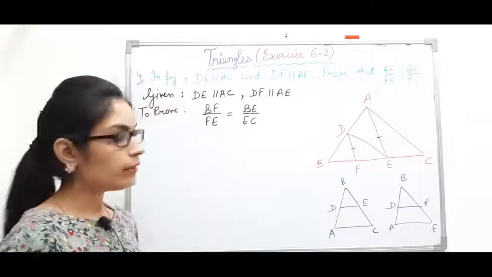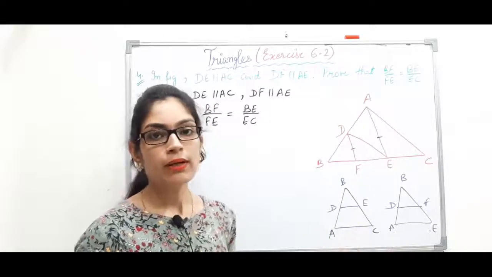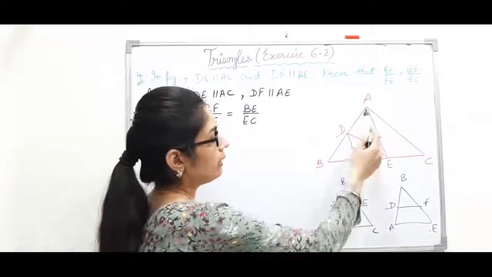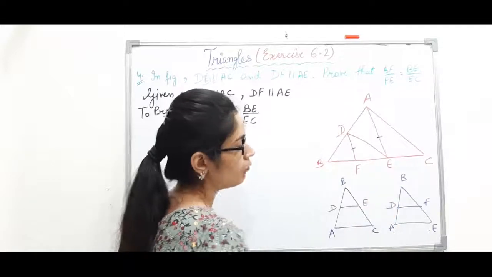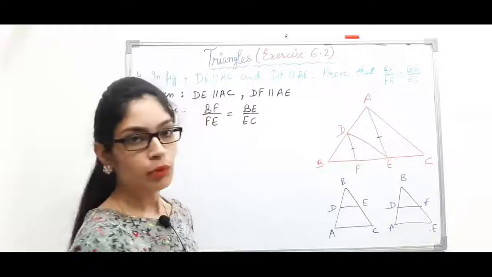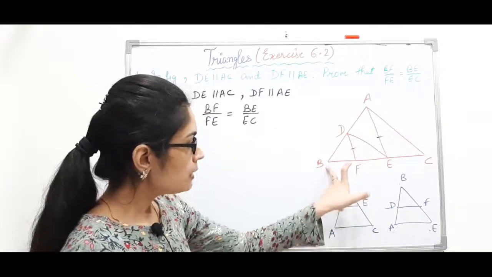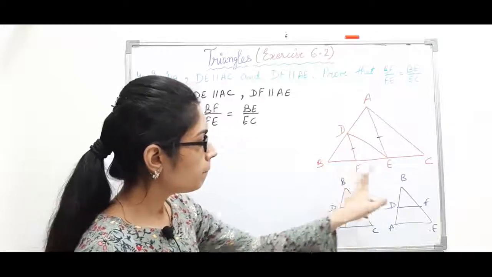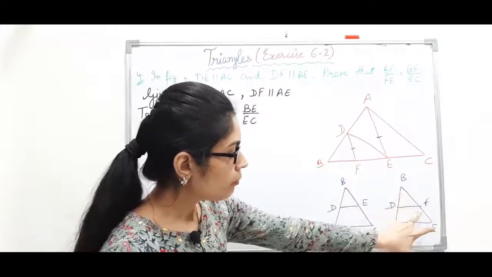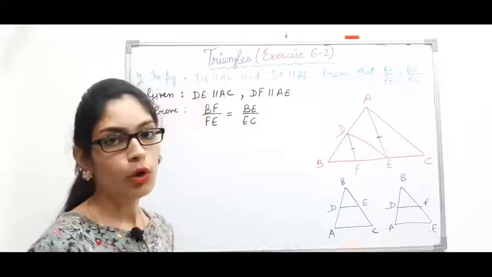So always try to draw a rough sketch so that you can easily locate all the points. You just have to be very careful, see, this point F is on BE. So point F should be on BE and point D should be on AB or BA.